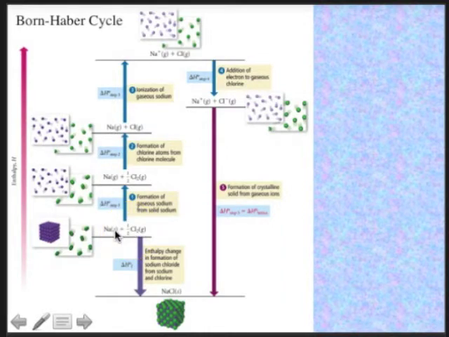The first thing that has to happen is that the solid sodium vaporizes to sodium gas. So that's energy number 1. The second step is for the chlorine molecule to break apart into the chlorine atom. That's the second endothermic energy involved.